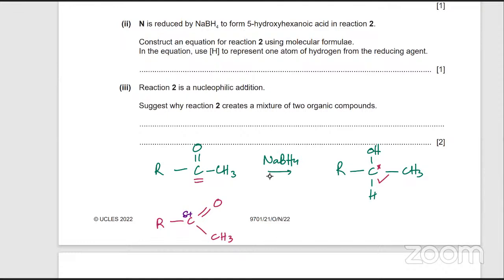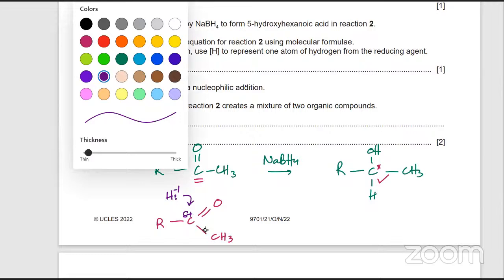Okay, so if you have H-, that's reduction. NaBH4, etc., produce H- ions, and these H- ions are going to get added to it. Now think of this as a fan. Now this H- can get added from the top. So if it gets added from the top, तो फिर क्या होगा?